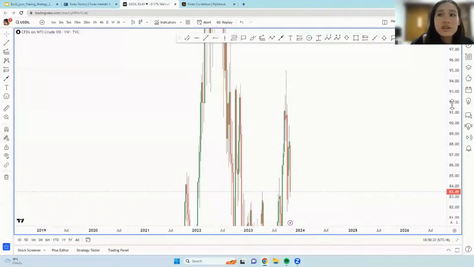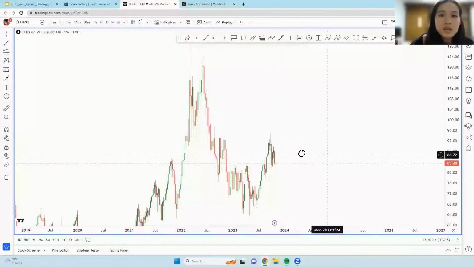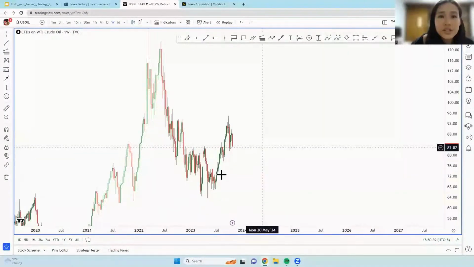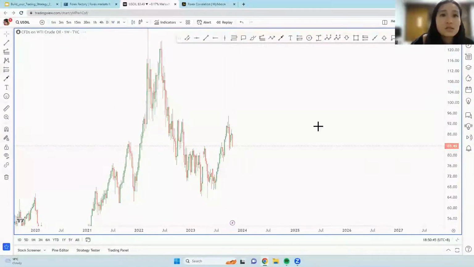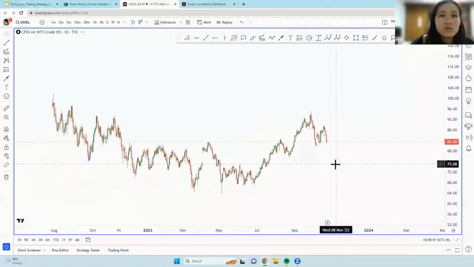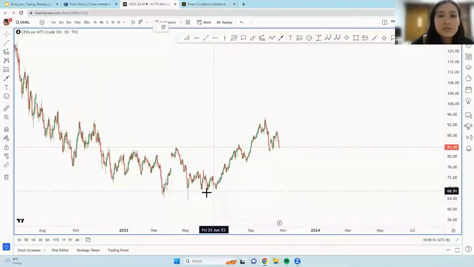Starting with our weekly time frame, trend is pretty bullish, except for this reversal here. Daily, is this a trend line?